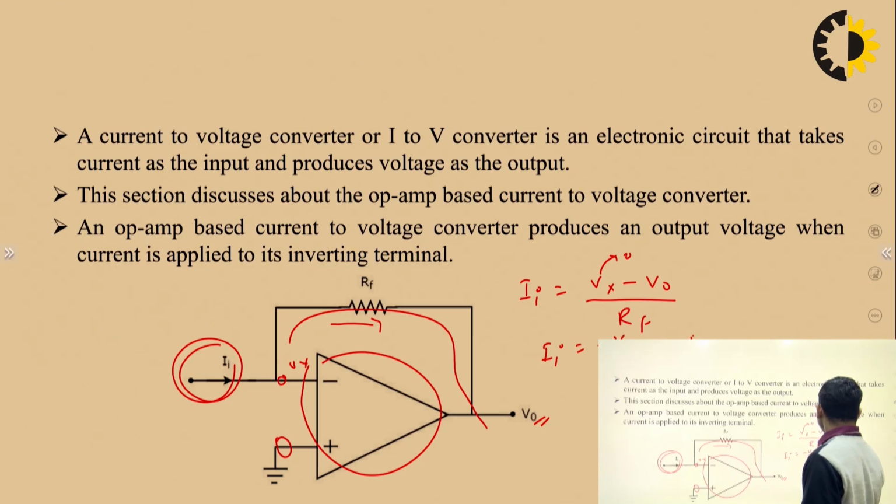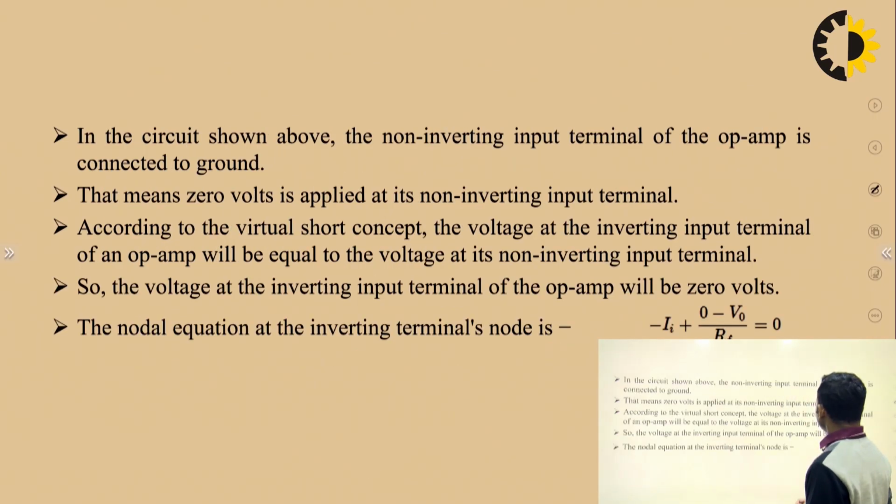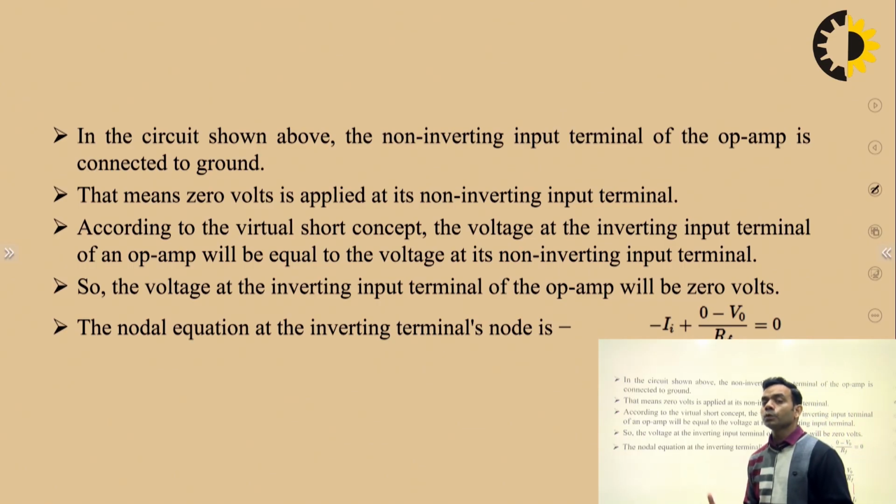That means V naught is equal to minus RF into II. Where II is the input current and V naught is the output voltage.